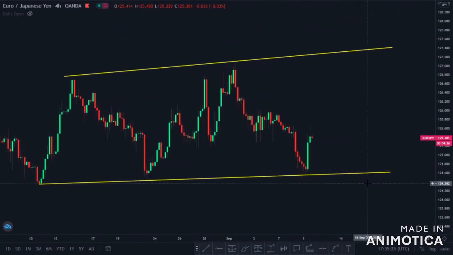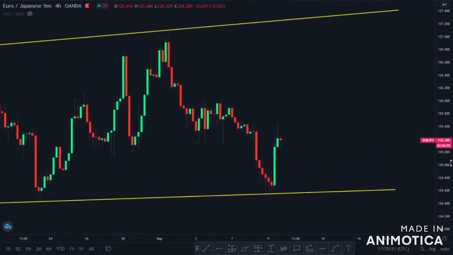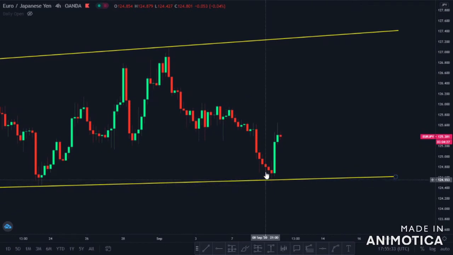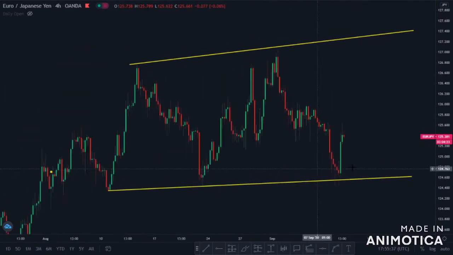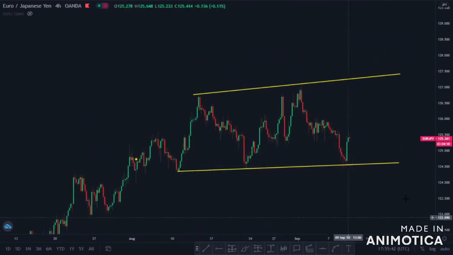So this just helps us understand the market and shows us that the buyers are in control, so we could get longs from here and we could get buying opportunities. After I received that, I just went down to the 1 hour time frame.